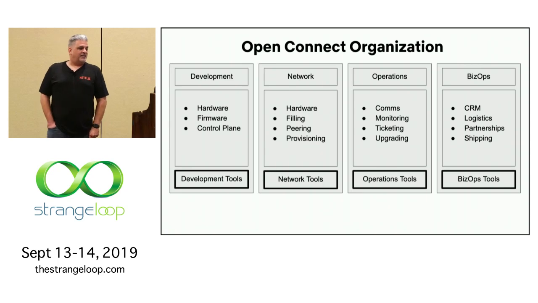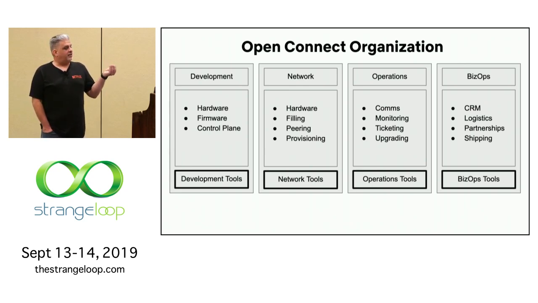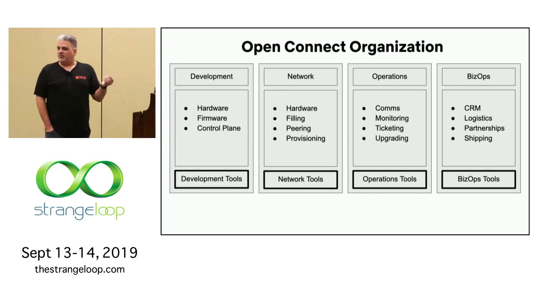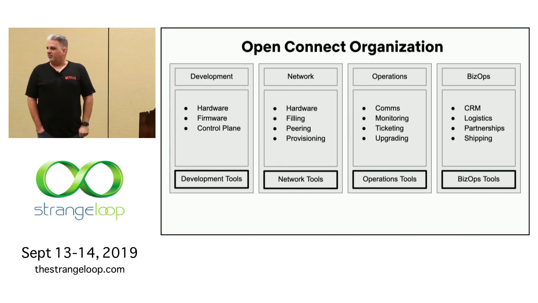What organically happened is that as these groups were growing and finding their purpose and what they needed to do, they wanted to start building some tooling and automation. Essentially each group had its own small sub-team looking to solve the problems in that vertical within Open Connect.